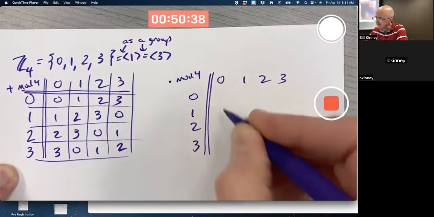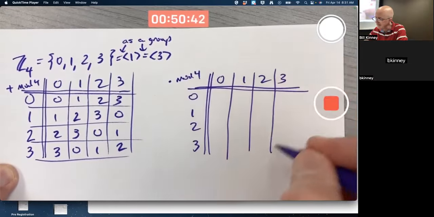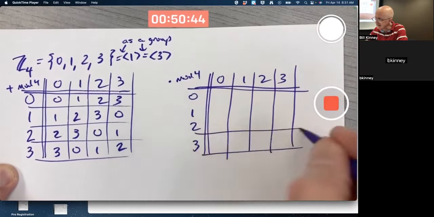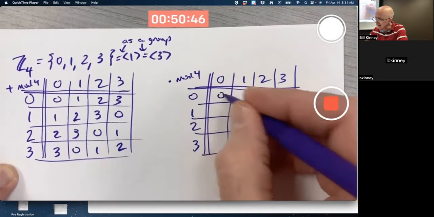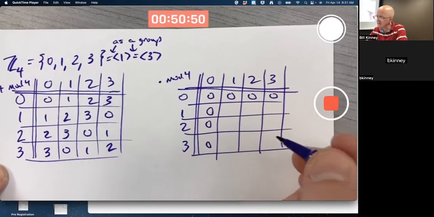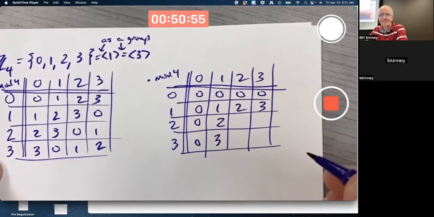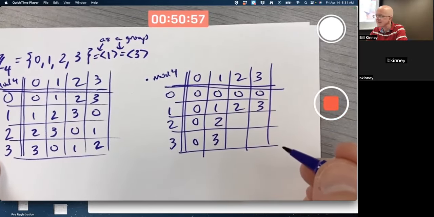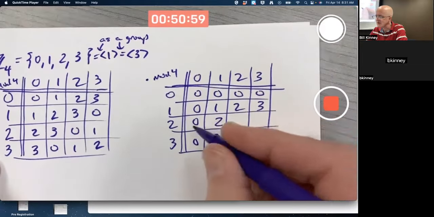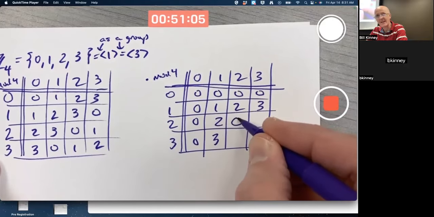All right. See what happens here. 0 is still problematic, but it does help you fill in the table quickly. 1 is still a multiplicative identity. 2 times 2 is 4. Mod 4 is 0.